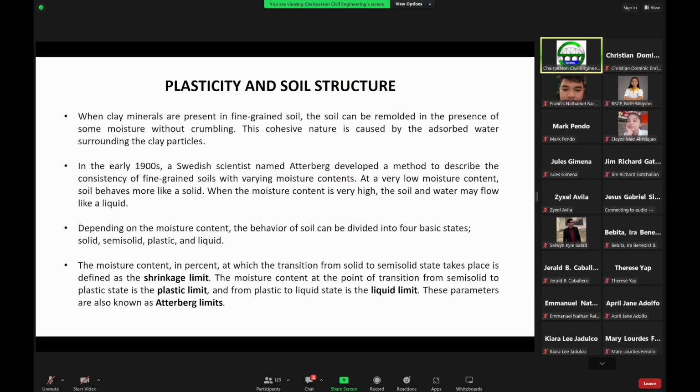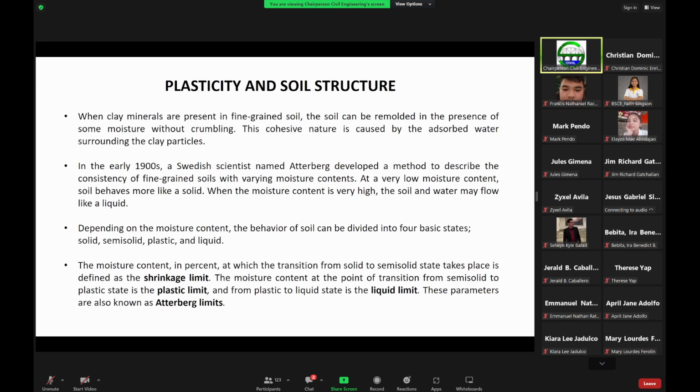These are the usual clay minerals that we can find in the field. So when these clay minerals are present in a fine grained soil, because there's also what you call a coarse grained soil.